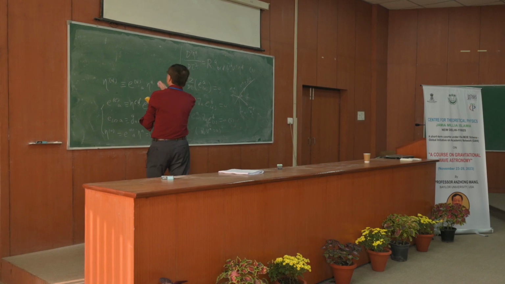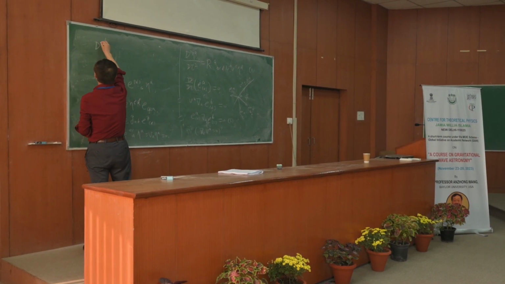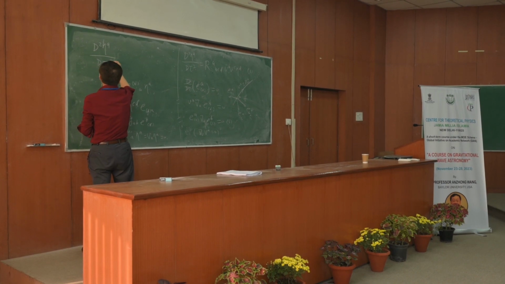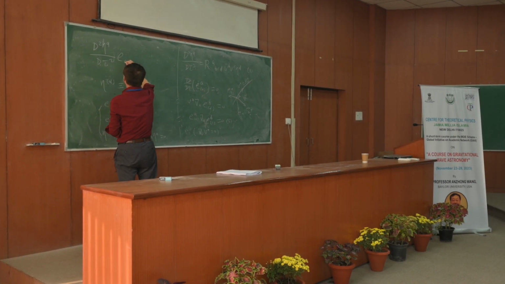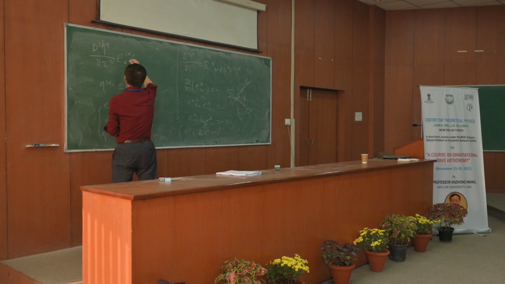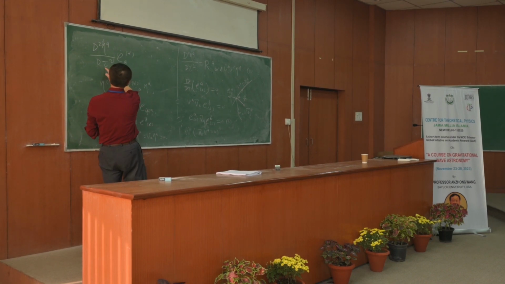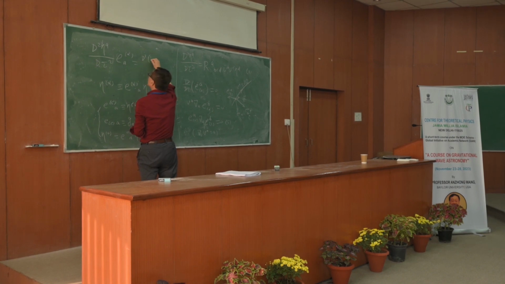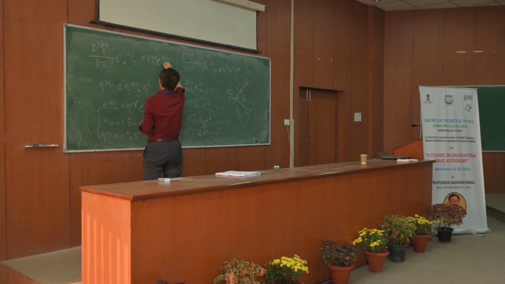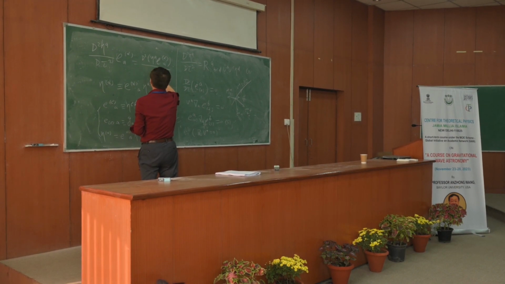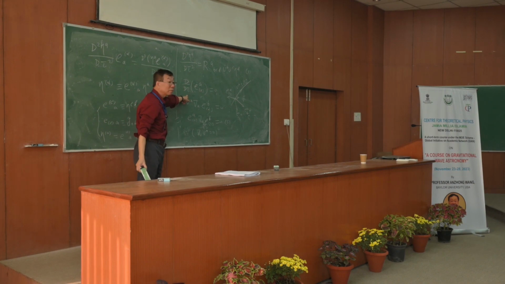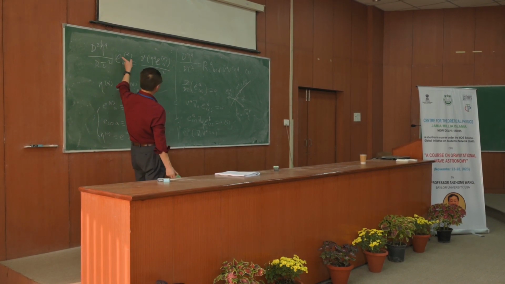So if I use d squared eta a over d tau squared times e a alpha, this is a constant, so I can simply write d squared eta a e alpha a. Correct?